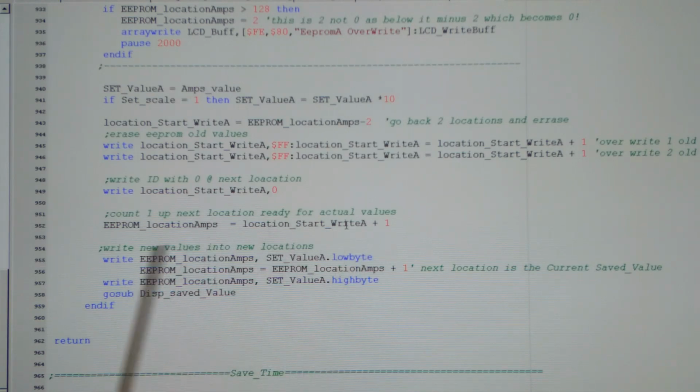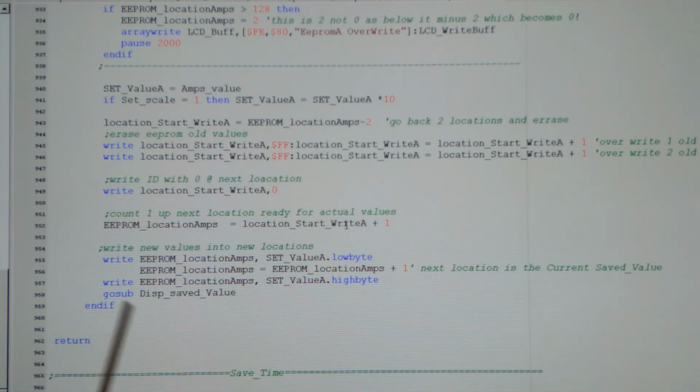Then once you've written that, you need to write the high byte, so the location needs to plus 1, next location is the current saved value, okay? And here we're going to write again the second byte into the EEPROM location and write it with the high byte of the set value. That's because it's a 16-bit number, right? So I have a low byte and a high byte.